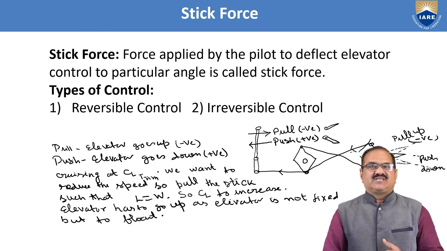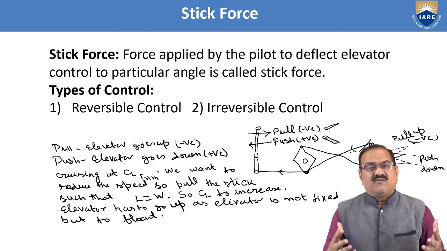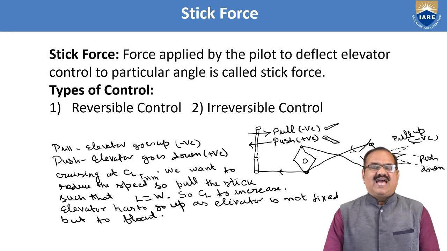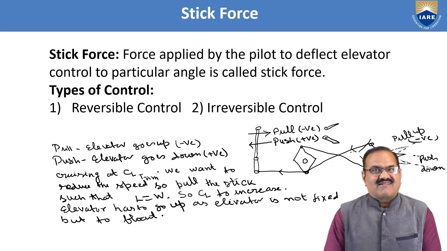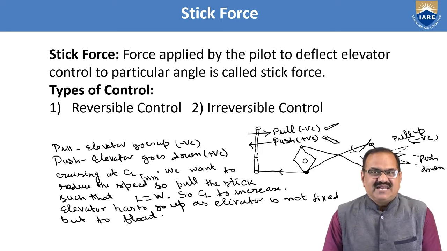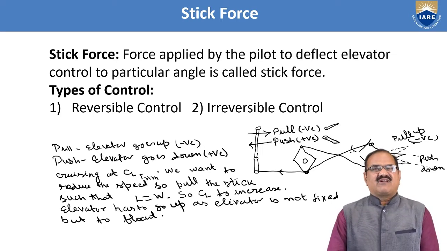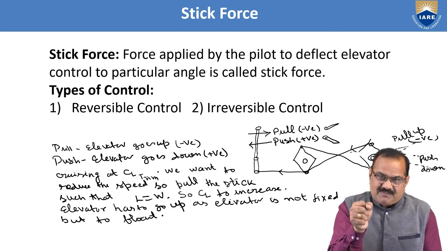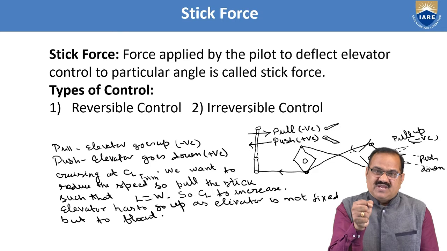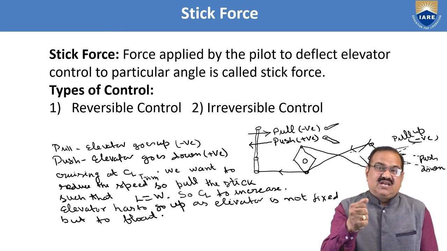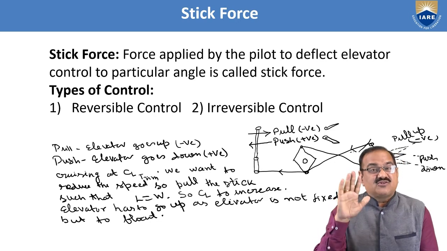And for this stick force, we have two types of controls. First is the reversible control and another is the irreversible control. So what do you mean by the reversible control? This we will be discussing in the next slide. Reversible means when the pilot is applying and changing the stick direction, your control surfaces are also moving.